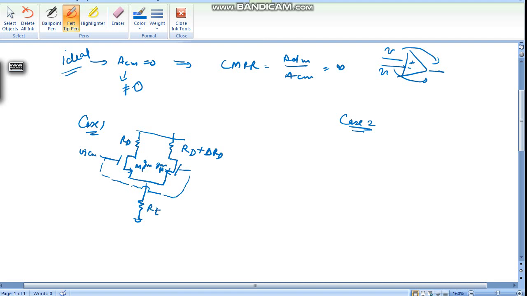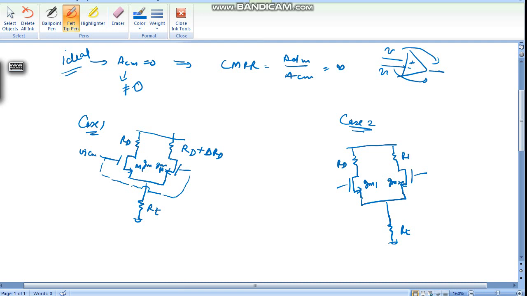In the second case, suppose the resistances are the same, but these two devices of the differential pair are different, maybe different W by L, and this has transconductance GM1, this has transconductance GM2.